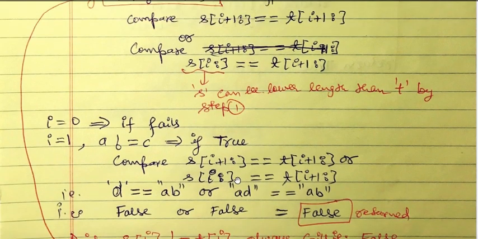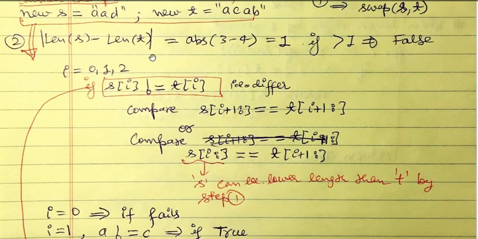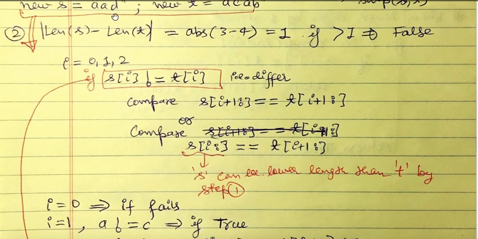So for this AAD and ACAB, we run through the algorithm. For i equals 0, S[i] is A and T[i] is A, so both are the same, so the if fails, because for a difference the if will be true. For i equals 1, we have A from the source and C from the target, they are different, and the if is true.